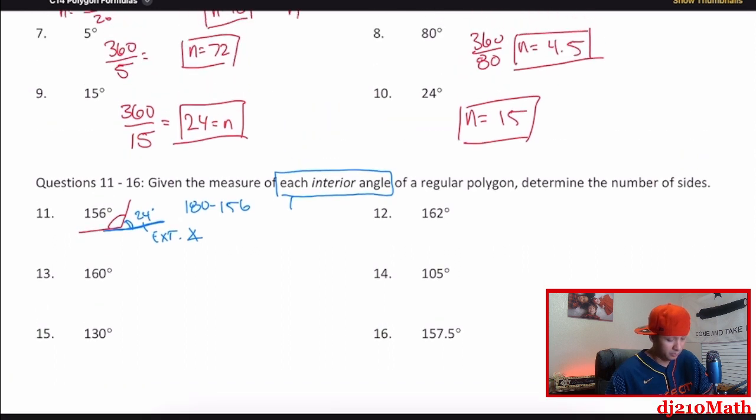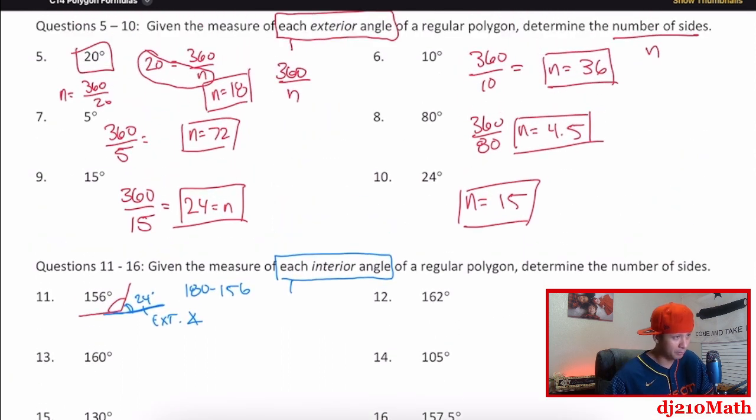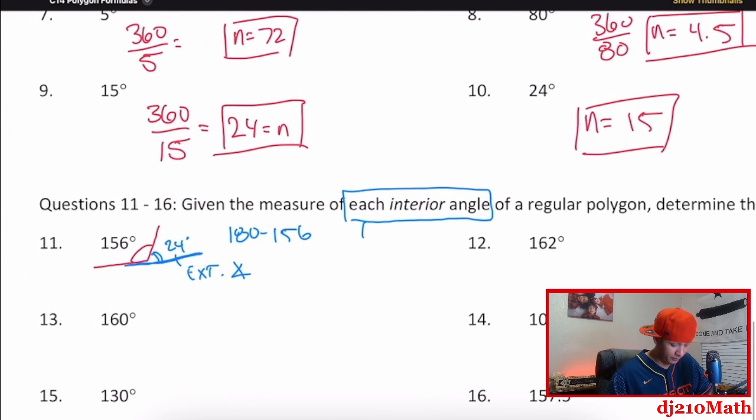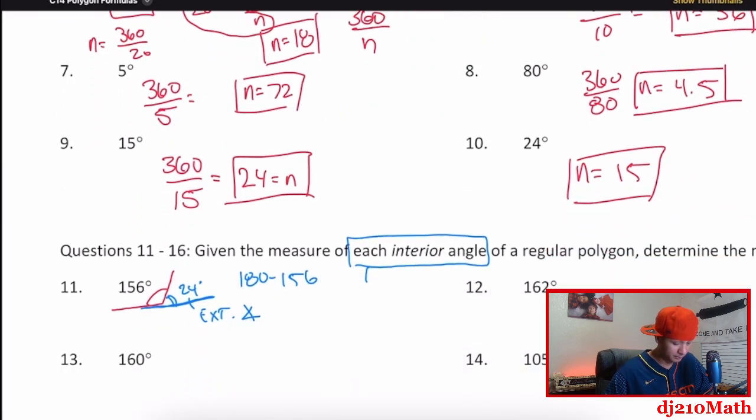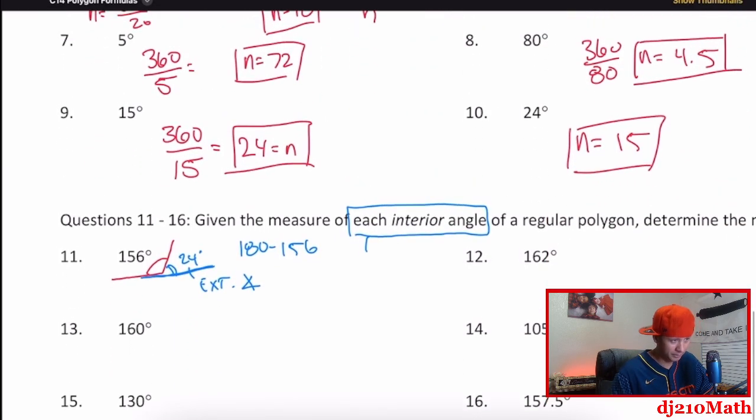We know, given the last 6 problems, how to solve when we're given an individual exterior angle. You just take 360 and divide it by whatever that number is. So in this case, for number 11, if the interior angle is 156, it implies that the exterior angle is 24, because together they would equal 180, a straight line.